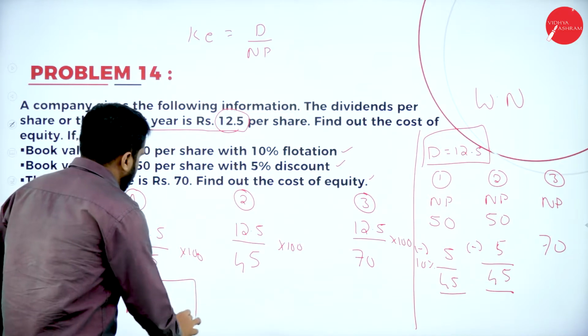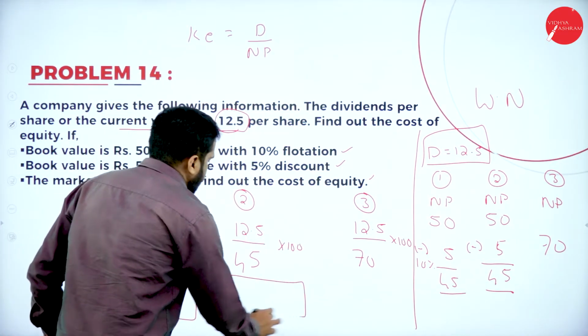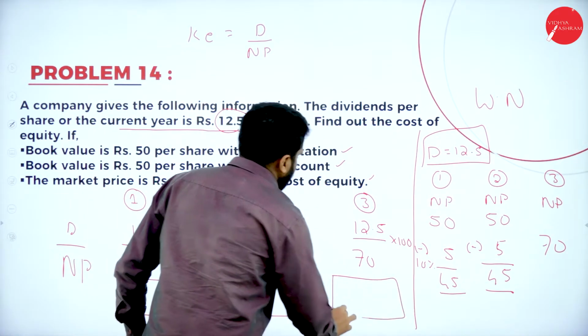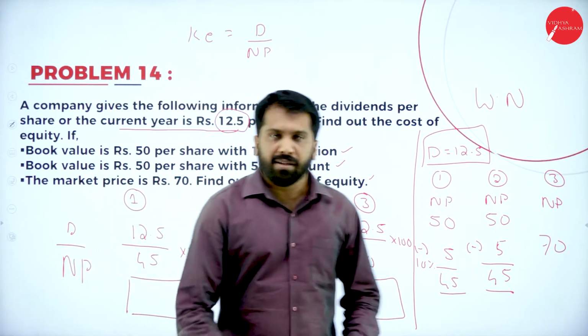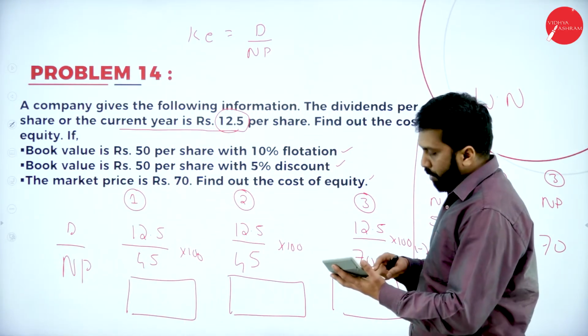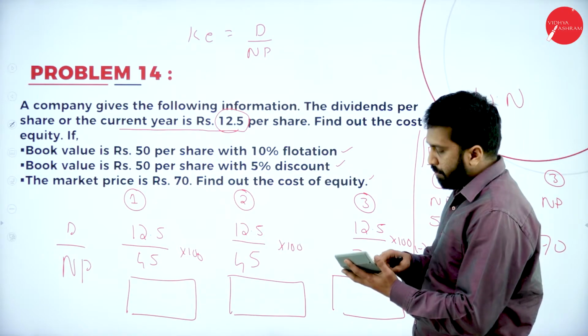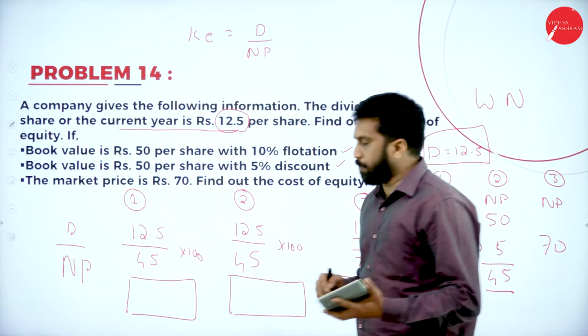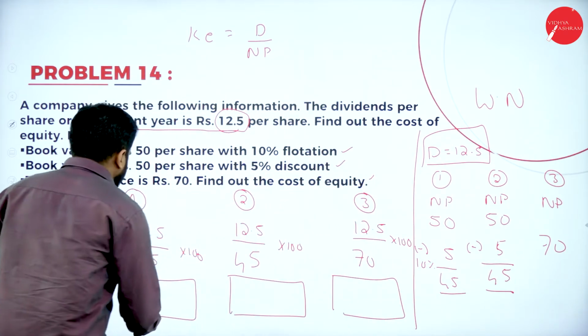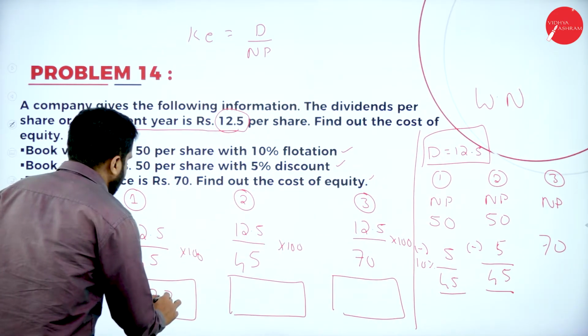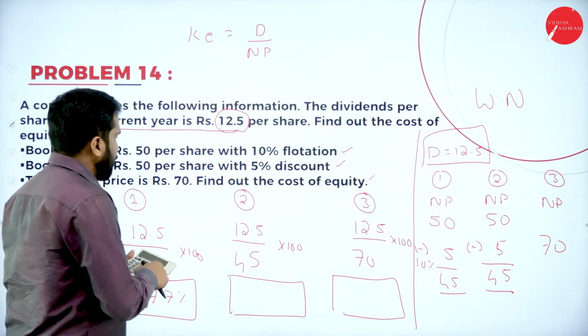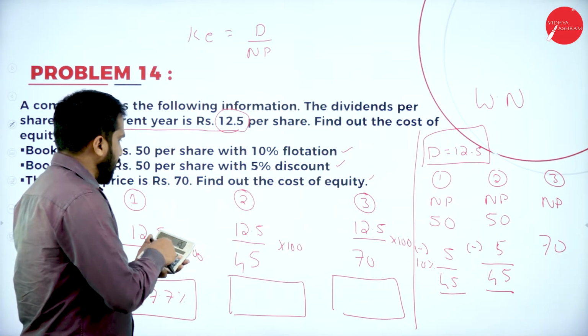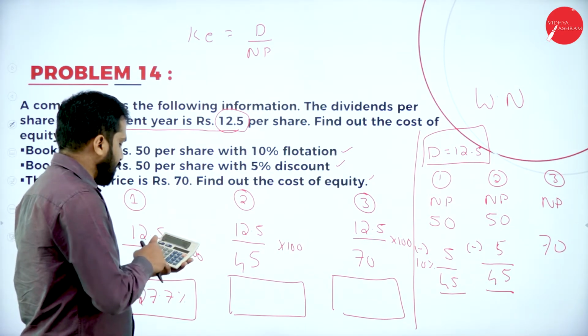What is your answer? And what is your answer for the third one? I'll check now. So 12.5 divided by 45 into 100. This will be 27.7%. Similarly, 12.5 divided by 45 into 100.